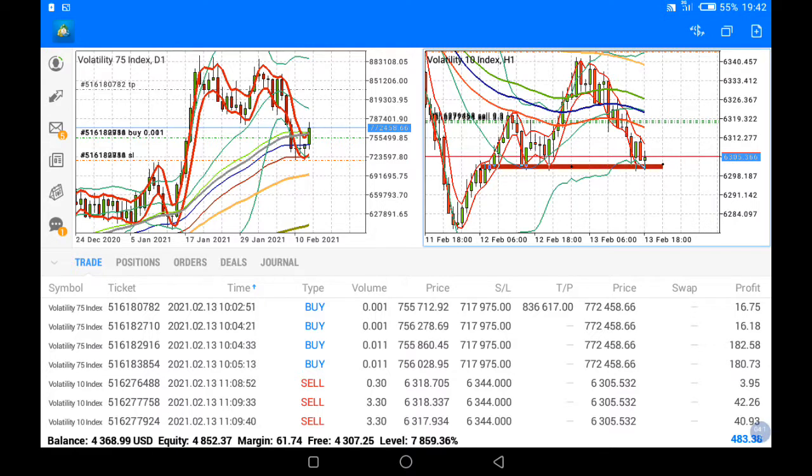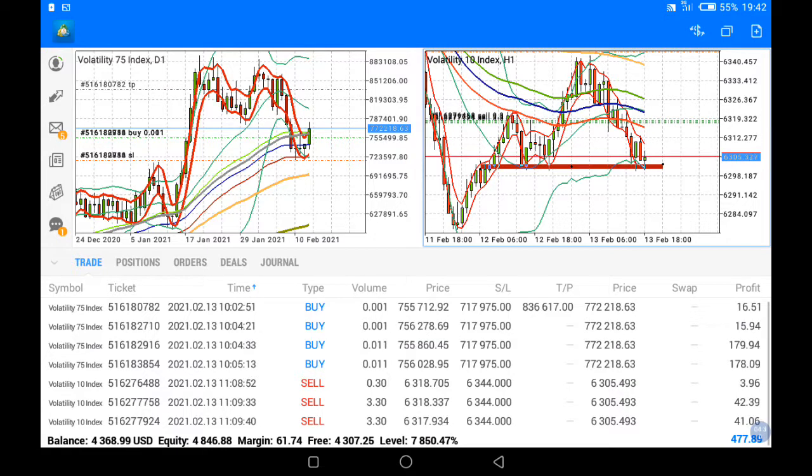So the volatility index is a synthetic market. The movement of the market is synthetic, a computer algorithm, following the dynamic of a true market.